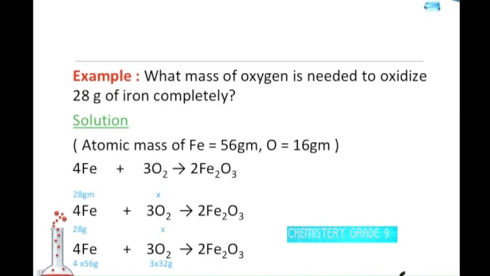Then we multiply them by the coefficient, so that's 4 for iron and 3 for oxygen. So the proportion is set up: 28 divided by 224 equals X divided by 96. So we can solve for X and get 12 grams of oxygen needed.